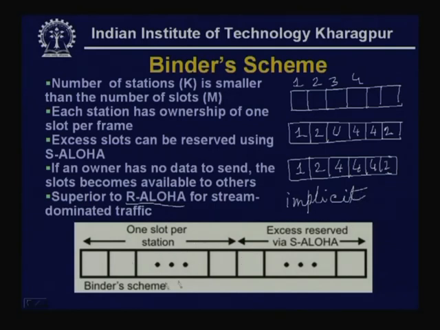So, for these stations the reservation is implicit, and for these excess slots the reservation is explicit. Explicitly it has to be done by using slotted aloha. So, this is the Binder scheme, and as I mentioned, it will perform better when the traffic is stream dominated.